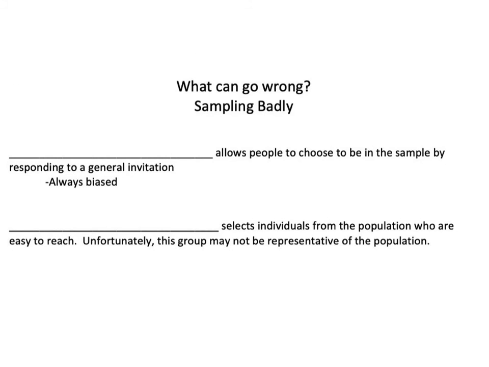So the sampling methods we just looked at are typically good sampling methods if they're producing samples that are representative of the population. But sometimes there are poor ways to generate samples. So a sample that's generated on voluntary response. This one happens a lot.